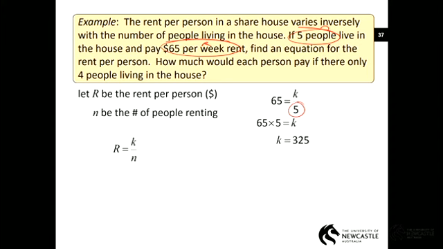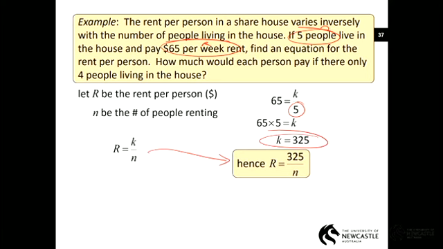What's the 325 mean in real life? It's the total rent. So you can still see your common sense thing here. If it's 5 people paying that, obviously that is just the total rent, and I'll divide that by the new number. Okay? But answering this question the way it says is, yep, we've found the formula. We found the K. Rent is 325 divided by how many people you've got.